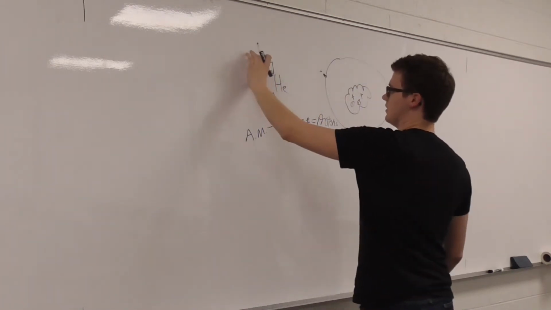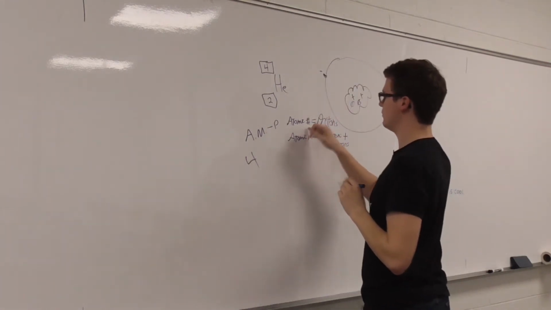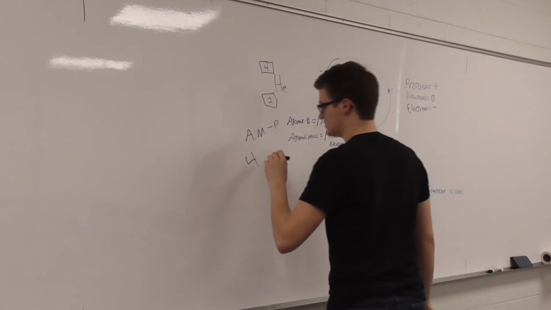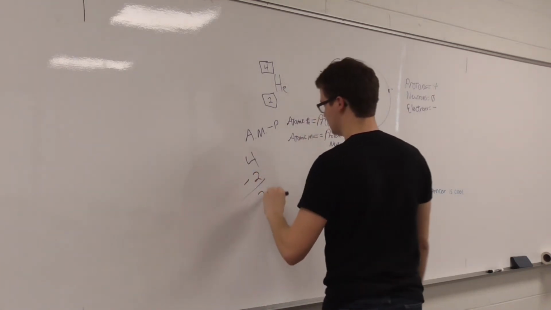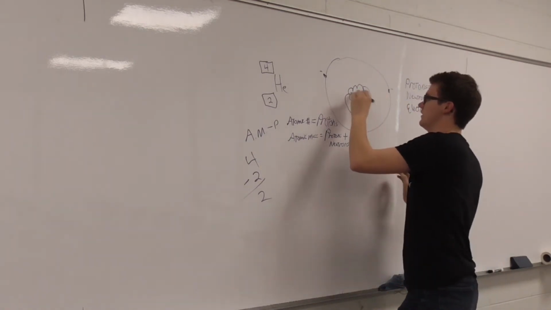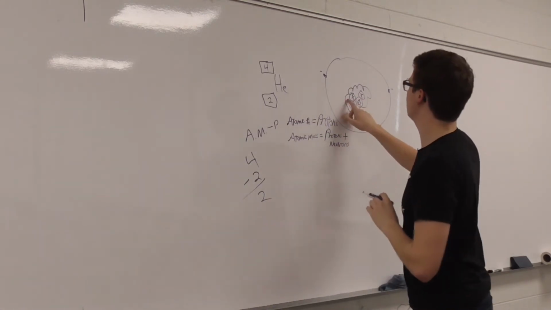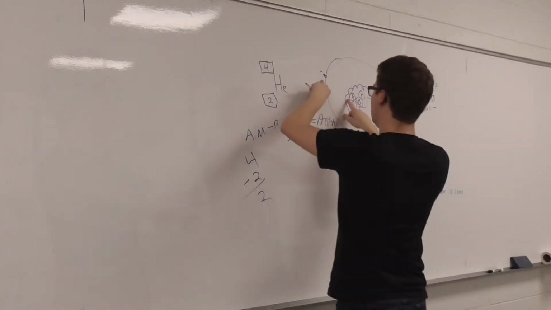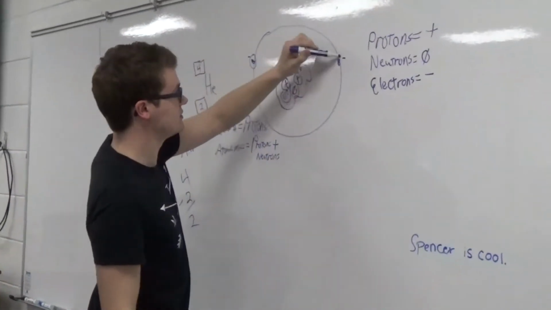In this case, atomic mass was 4, and our atomic number, or the number of protons we had, was 2. So 4 minus 2 equals 2. This atom I built here is exactly that, with 2 protons, 2 neutrons, and the same number of electrons as protons, unless I denote otherwise. So you have 2 electrons as well.